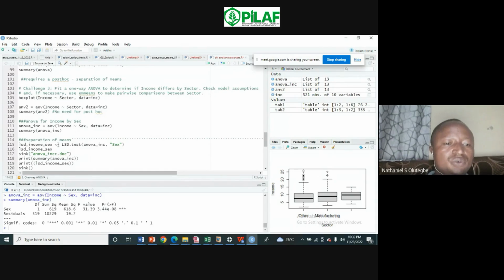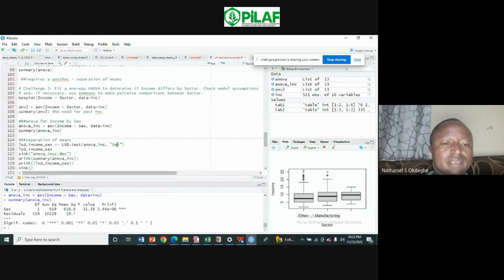So you could do LSD. This is my object, and this is the function LSD.test. You are saying for the ANOVA that was done earlier, conduct a separation of means by sex. You want to see the mean of male and the mean of female.